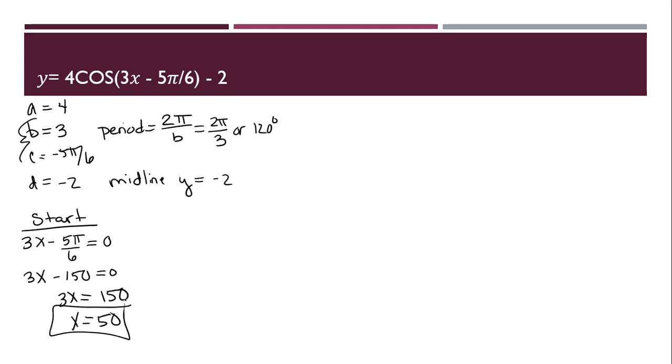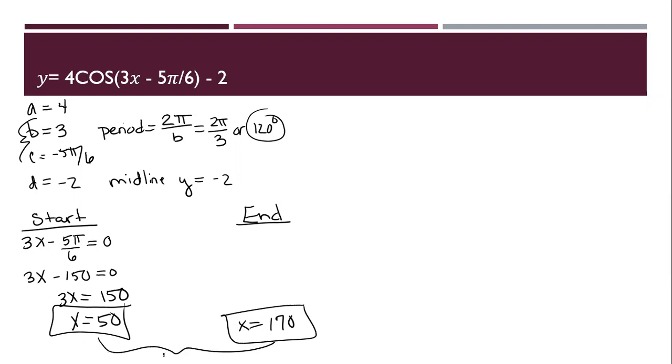All right, so this new graph is going to start at 50 instead of at 0. Okay, let's use some common sense and see if we can get there. If we start at 50 and we know our wavelength is 120, we should land at 170 because we should be going 120 degrees again.